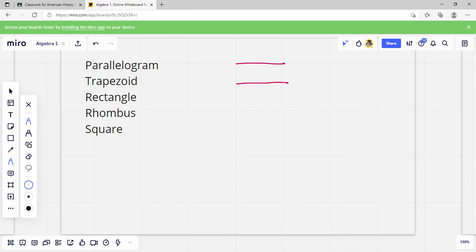And to show that these are parallel, they'll do little arrows on them. And then maybe we have a side right there, okay, and a side right there. And these are parallel to each other. So 2 pairs of parallel sides.